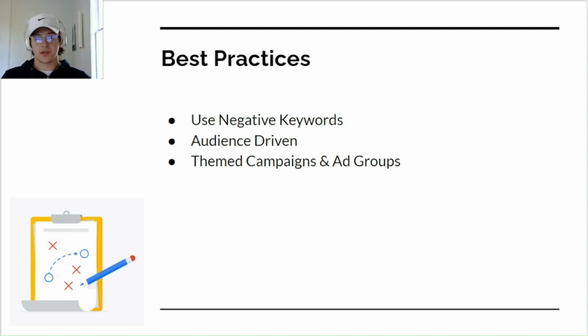Same with business or corporate, or even with general law firm terms, right? So just something to think about. It's all about the audience. And that kind of leads me to my last point, which is creating themed campaigns and themed ad groups so that you have unique experiences, landing page experiences, ads, and even sales experiences for the people searching.